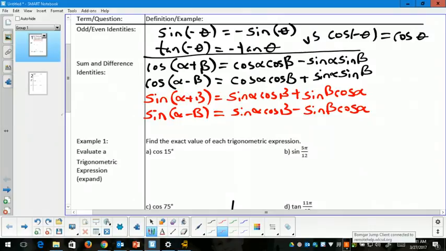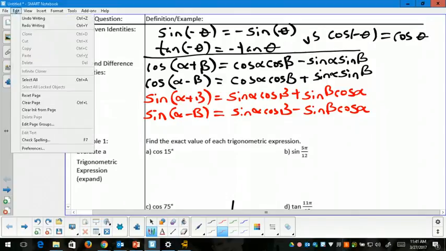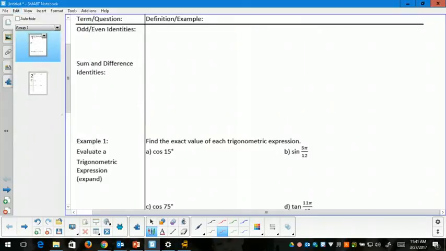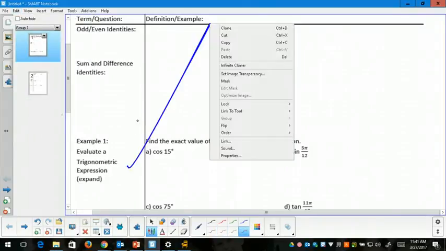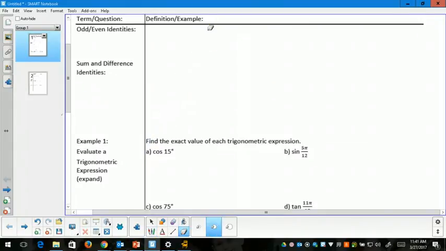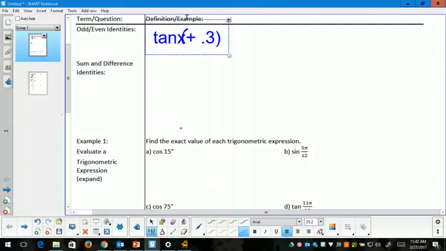So now we're also going to look at tangent. Tangent has two as well. I'm going to have to clear some of this to make space for it, but if you need to, pause it to finish writing it down. For tangent, we have tangent of alpha plus beta, and we also have the difference.